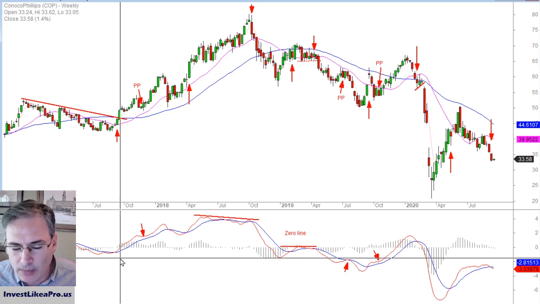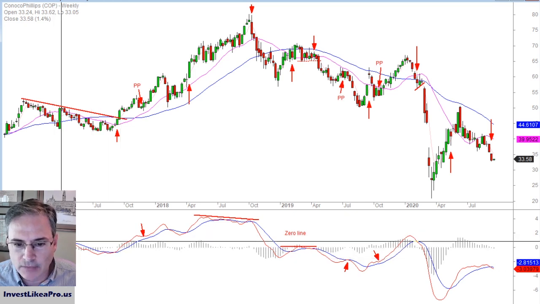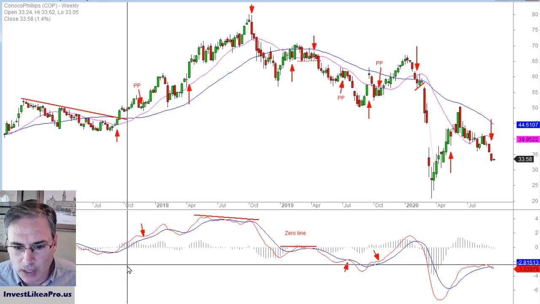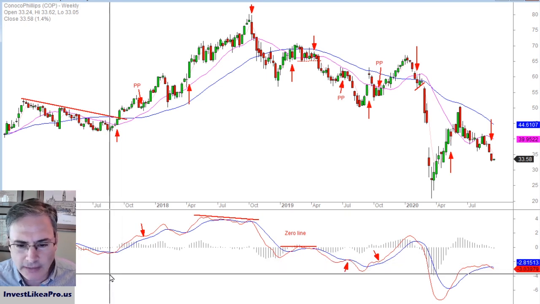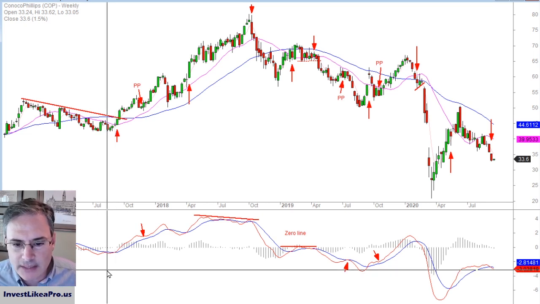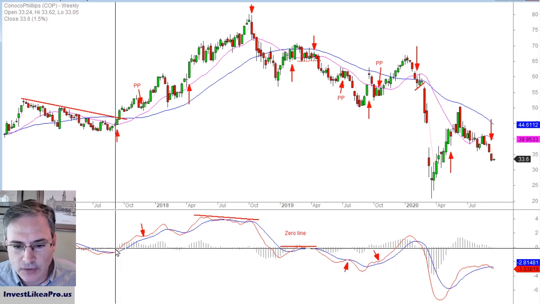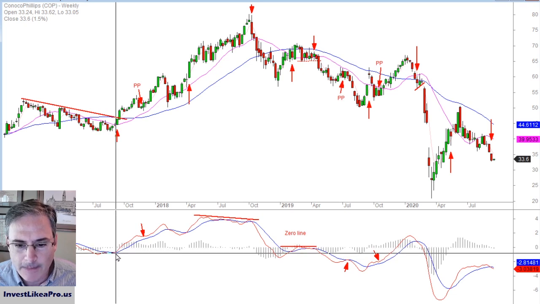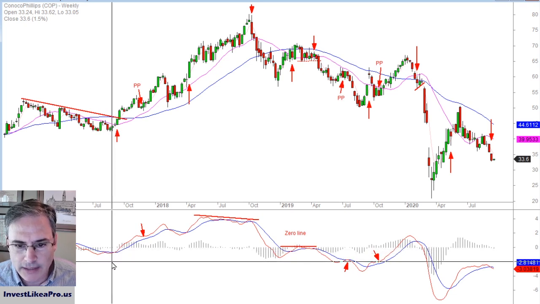I'm not going to go to the monthly chart to show you this, but I do want to make sure you understand most of the time if I'm looking at a crossover signal like this where you come underneath the zero line, I'm usually looking at the higher time frame to see if it's worthwhile. And if it is, I'm going to still use the signal, especially if there's a little bit of distance between where the MACD is and where the zero line is.